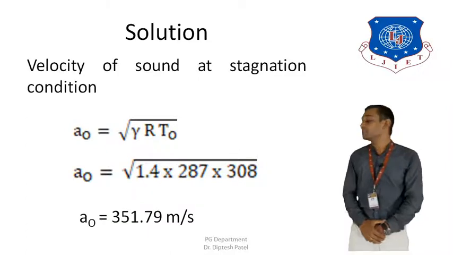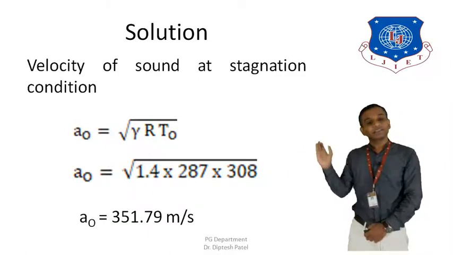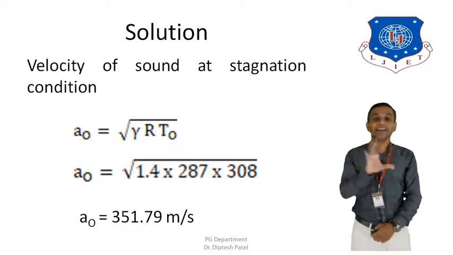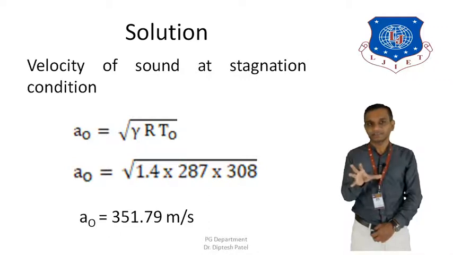Going through the calculation, we'll get a0 is equal to 351.79 meter per second. So that is the velocity of sound at stagnation conditions.